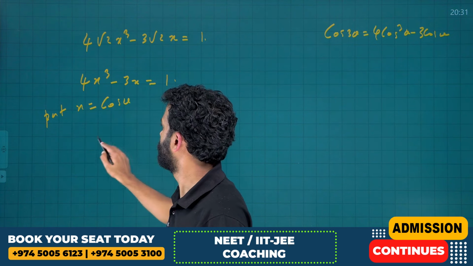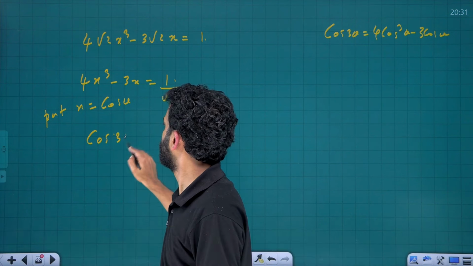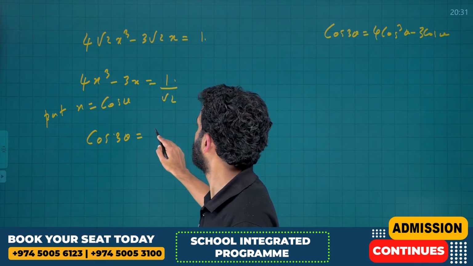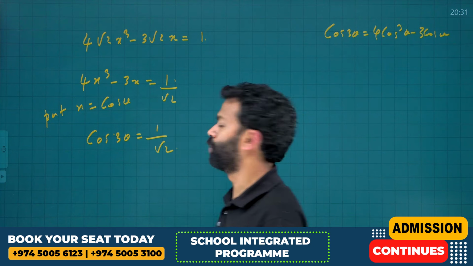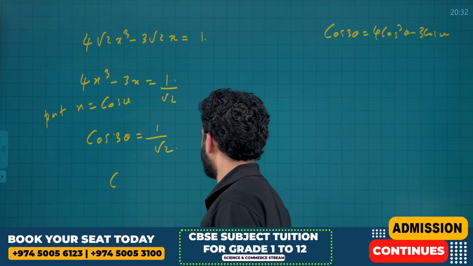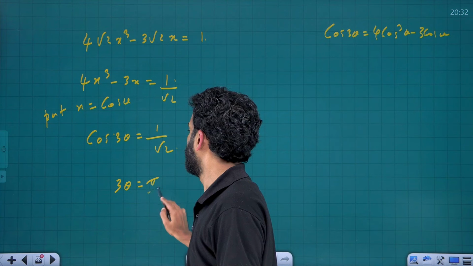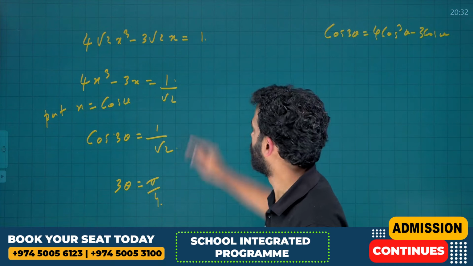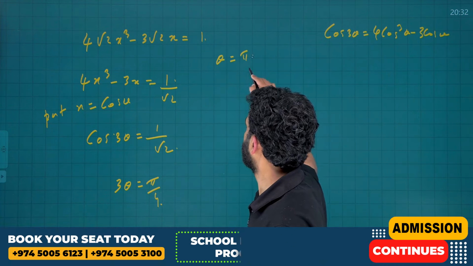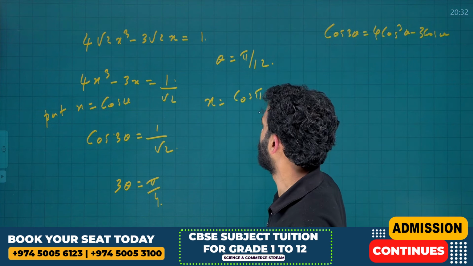Then this becomes cos 3 theta, and cos 3 theta is equal to 1 by root 2. Okay, so what is 3 theta? If cos of an angle is equal to 1 by root 2, then that angle is pi by 4. Therefore, theta is equal to pi by 12. So, x is equal to cos pi by 12.